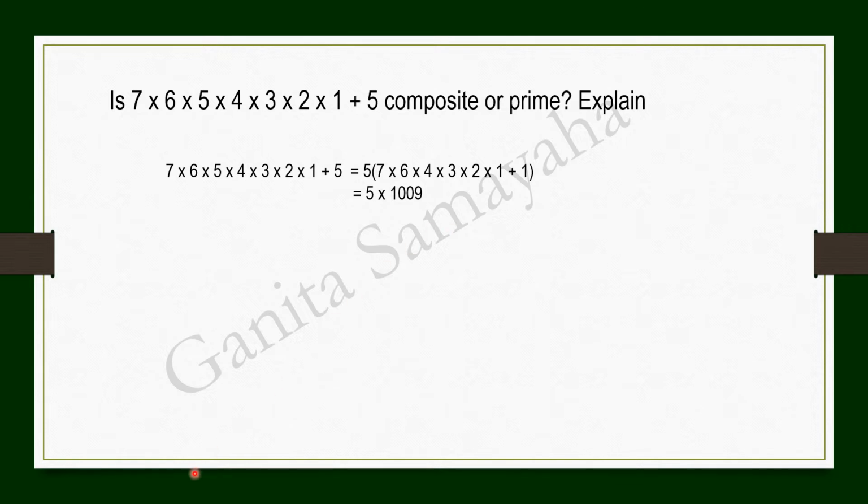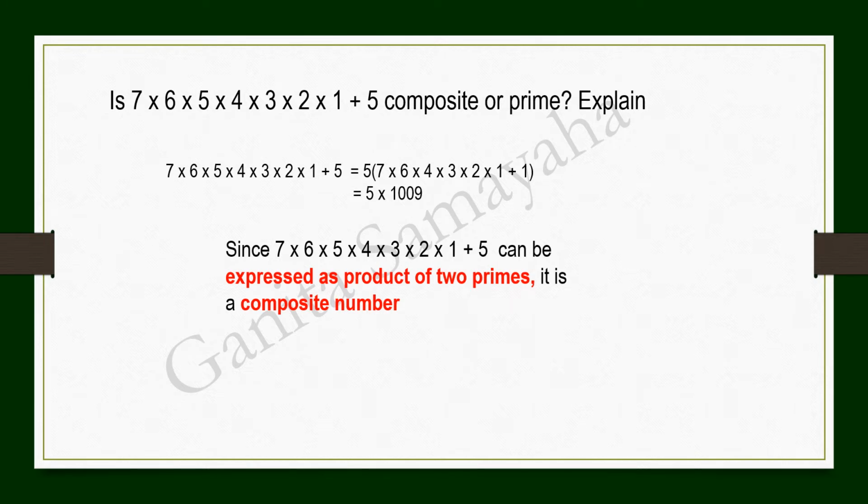Yes, it is a composite number. So we write: since 7 into 6 into 5 into 4 into 3 into 2 into 1 plus 5 can be expressed as a product of two primes, it is a composite number. I'm sure all of you have got it right. So let us go on to the next problem.